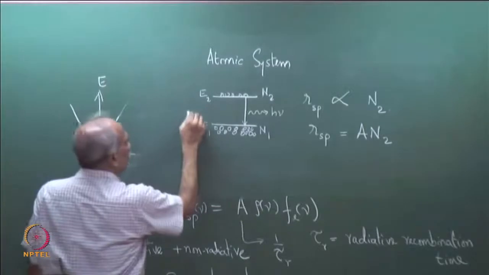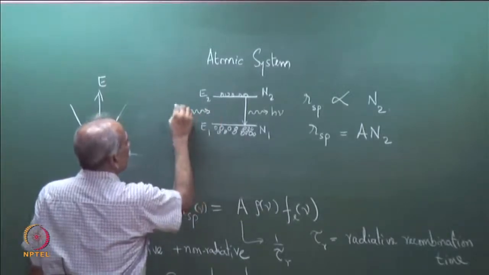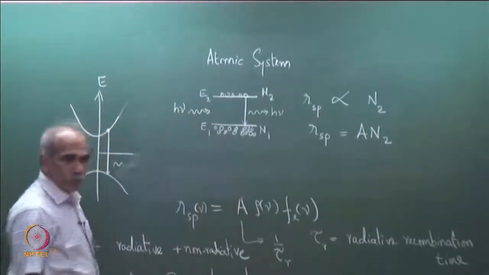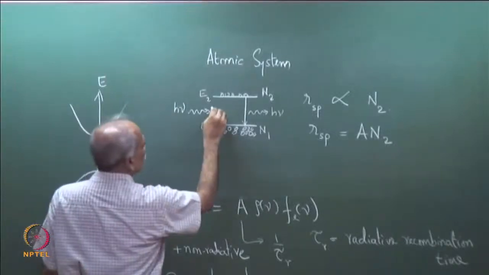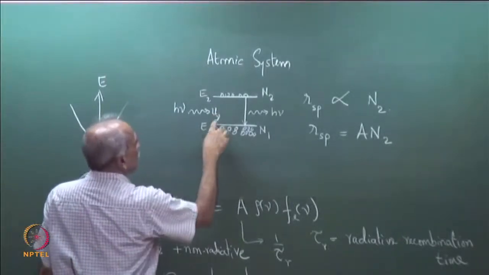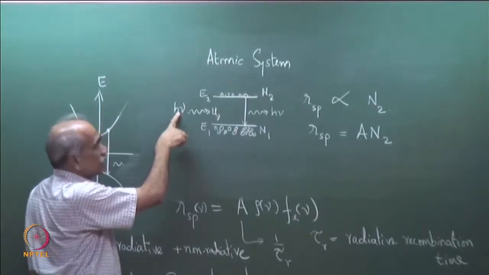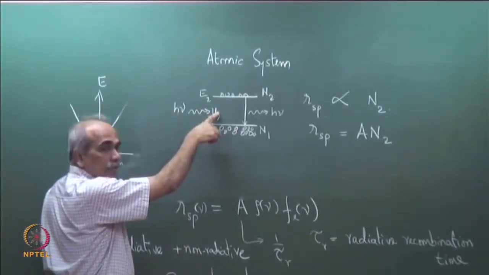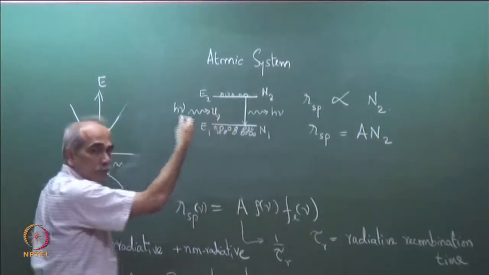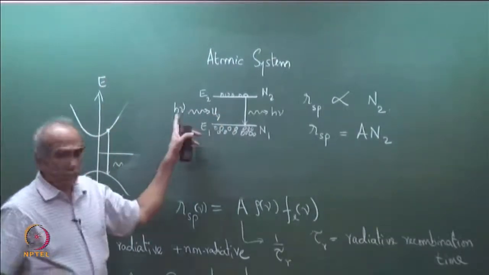There can be stimulated emission in the presence of photons of energy h nu if there is an energy density u nu of photons of energy h nu. u nu is the energy density, which means number of photons per unit volume of frequency nu.